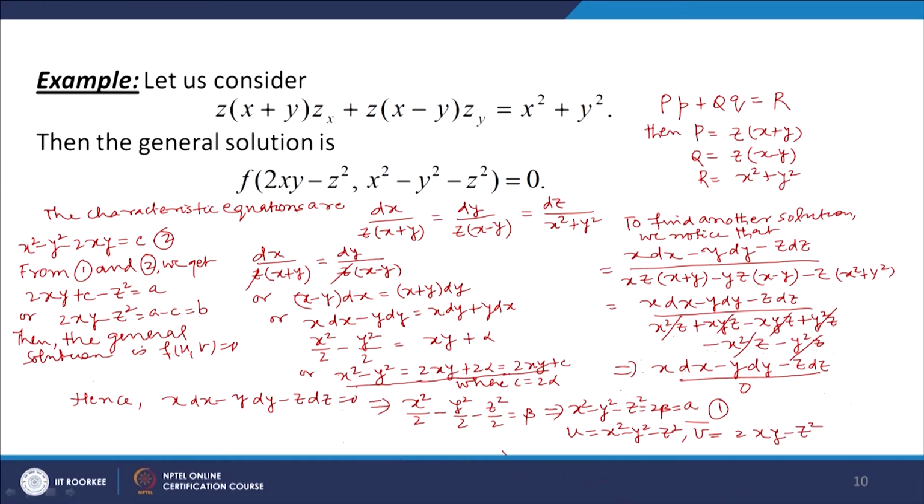So, I can write f(u, b) equal to 0, or I can write f(b, u) equal to 0. So, we get the solution as f of 2xy minus z square and x square minus y square minus z square equal to 0. So, this is how we get the general solution of this Cauchy-linear first order PDE.